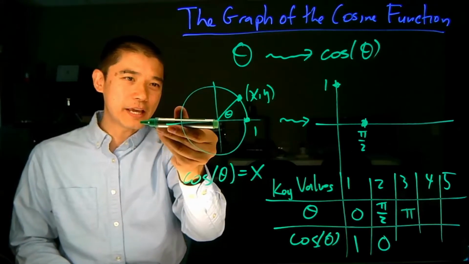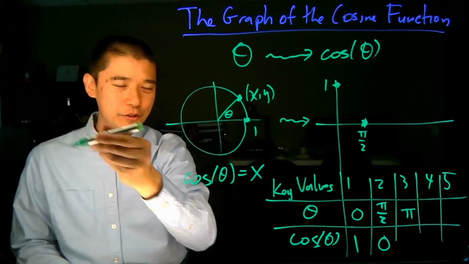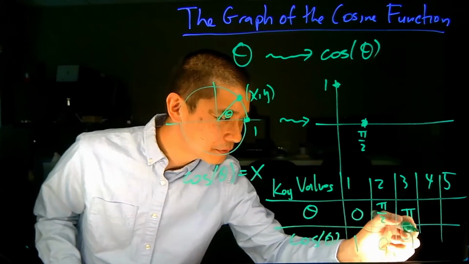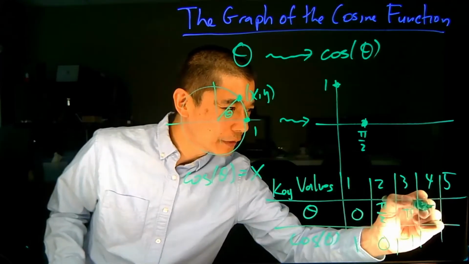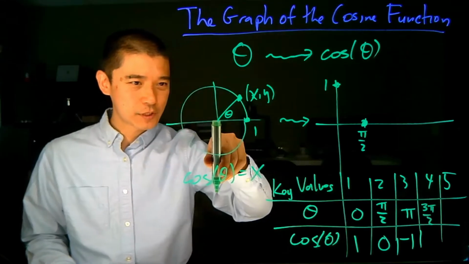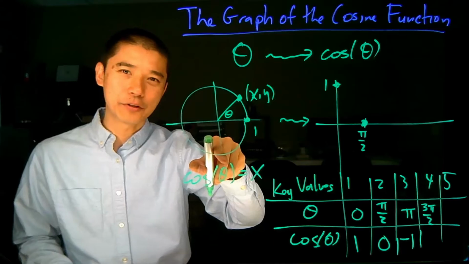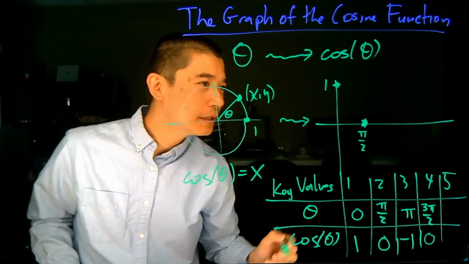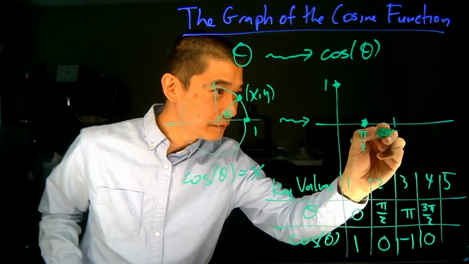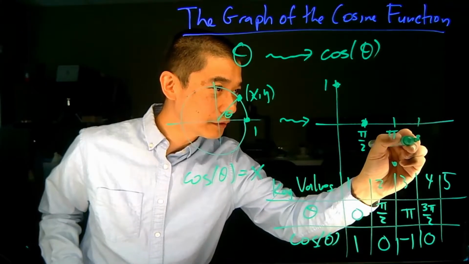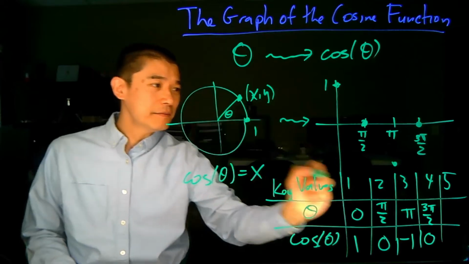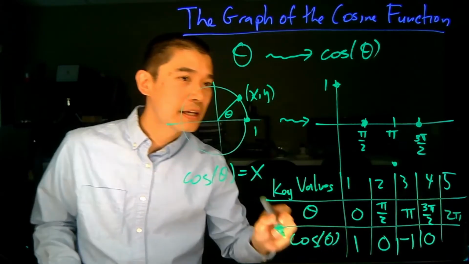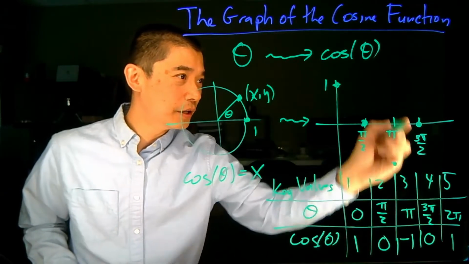And we can see that the x-coordinate here is going to be -1 because we're going to be as far left as possible. The next one is 3 pi over 2, which points straight down. Pointing straight down, the x-coordinate is equal to 0. I forgot to graph this one, so at pi we have -1, and then 3 pi over 2, 0 again. And then the last one is at 2 pi, and the x-coordinate is once again 1.